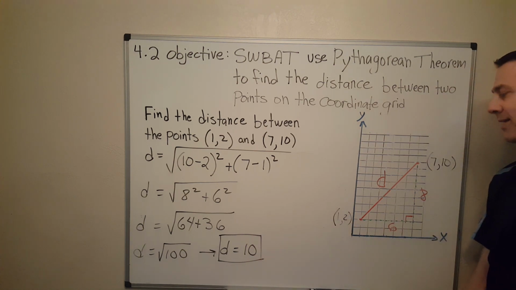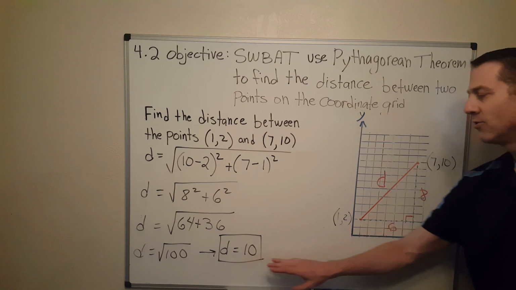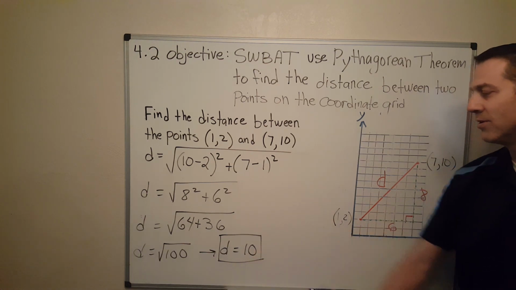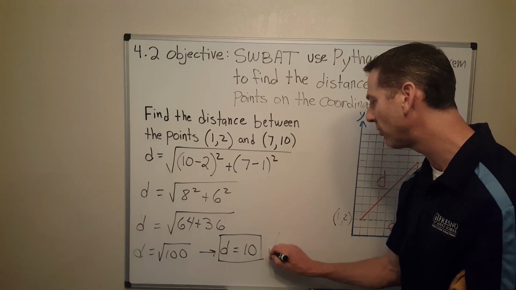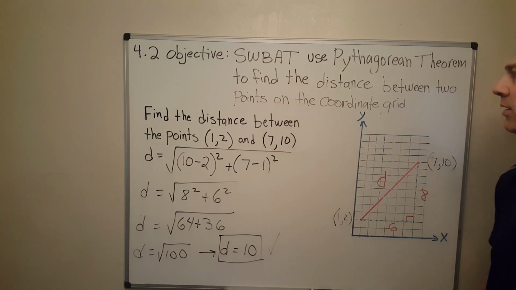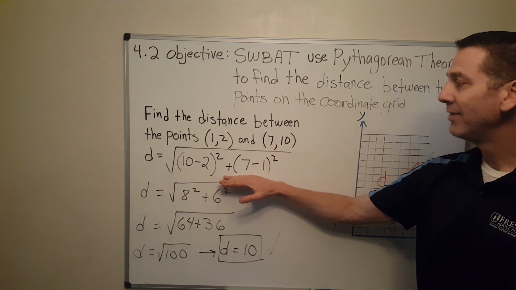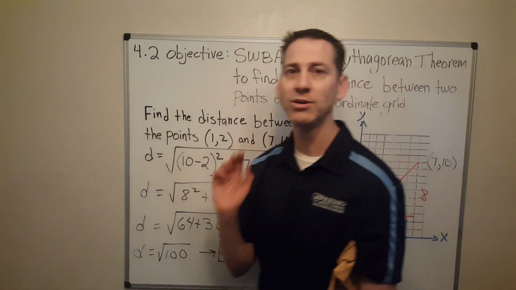If we got like 20, that would be too big, right? So it's got to be greater than 8, probably less than 12. So that looks very reasonable, and I can be confident that it is a correct answer. So that's how you develop the distance formula, and how you use it to find the distance between 2 points.